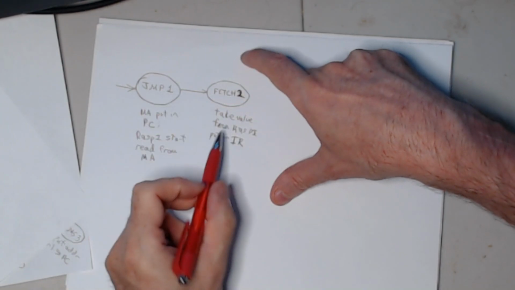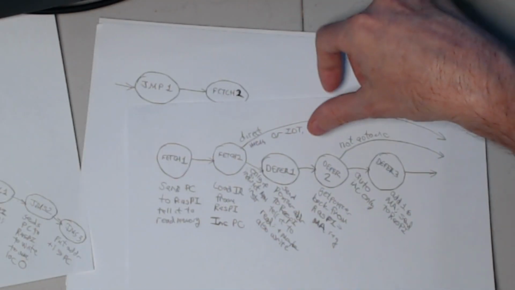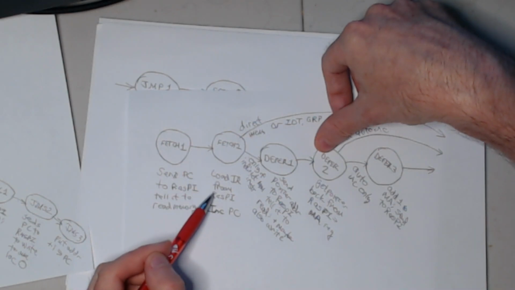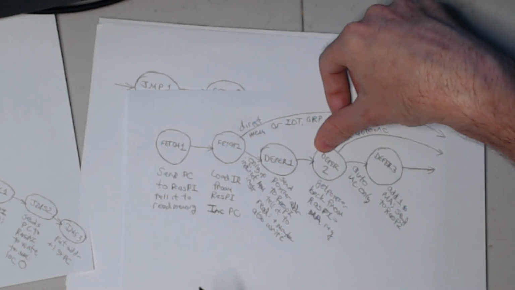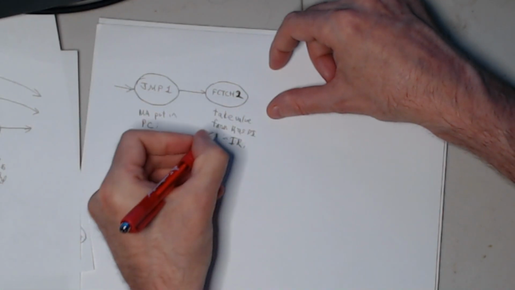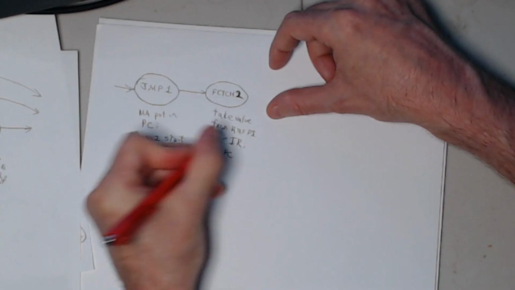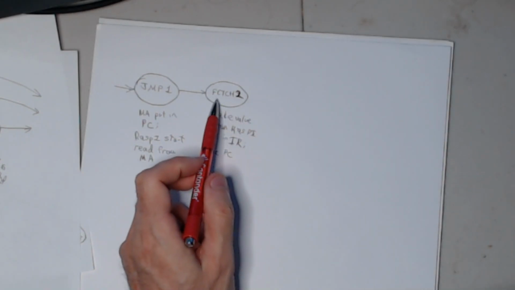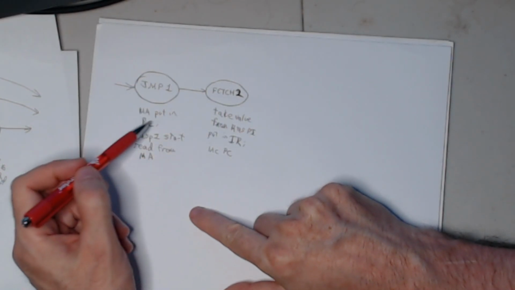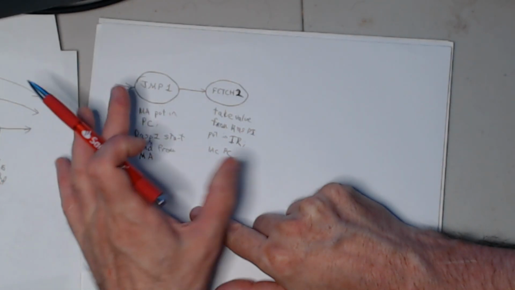Okay, that's what the fetch 2 cycle does. If you look back here on this fetch 2 page, load instruction from Raspberry Pi and increment the program counter. And we still want to increment the program counter. Increment PC just as it always did before. So this is the same exact fetch 2. We just kept the Raspberry Pi busy this cycle, and so we could shorten it.